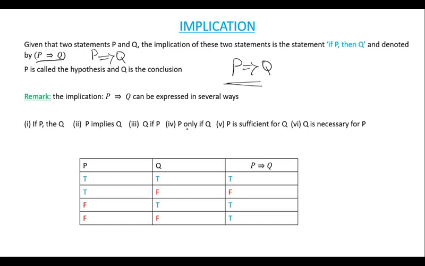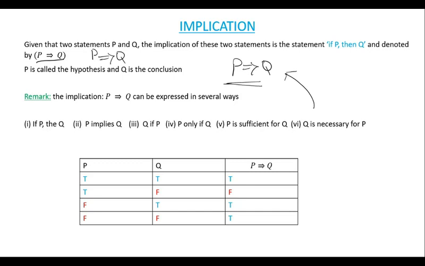We can say P only if Q. It also means implication. We can say P is sufficient for Q, or Q is necessary for P. All of these statements are just referring to the implication between the statements P and Q.